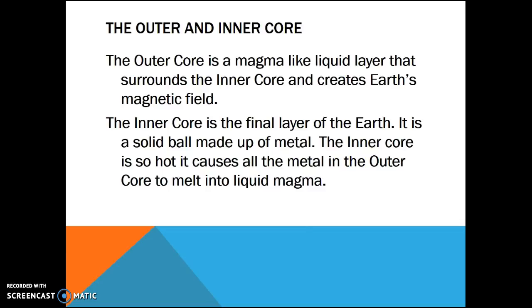The inner core is the final layer, and basically it's a solid ball of metal. The inner core is very, very hot, so hot that it melts the outer core into liquid magma. So that's how the outer core becomes liquid, because of the inner core's heat.